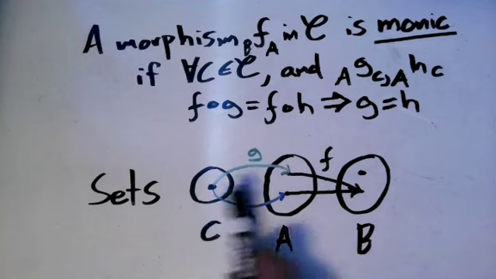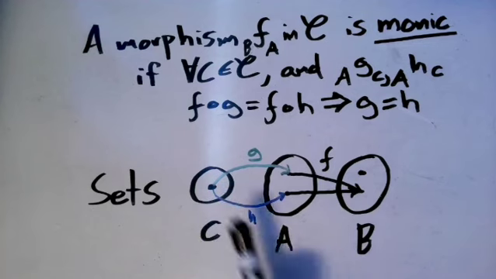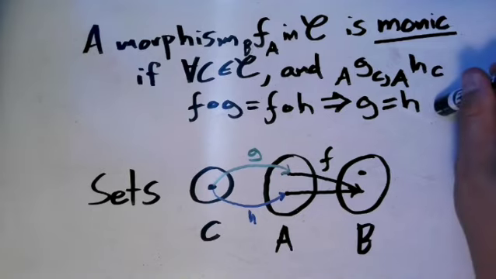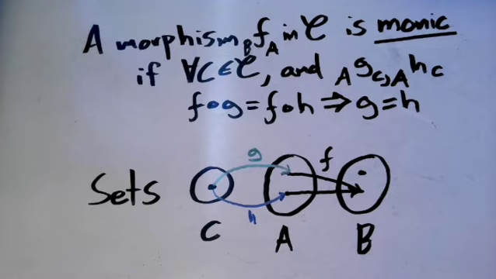All of these morphisms would line up one to one, and each chain of composition would either be the same or it would be distinct, and therefore this property would always be satisfied by injective functions. What this means is that non-injective functions are not monic, while injective functions are monic, and therefore we can say that monic morphisms in a category, when we are talking about categories which involve sets, correspond exactly to injective functions.